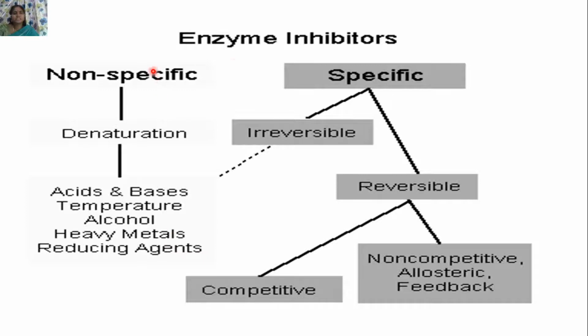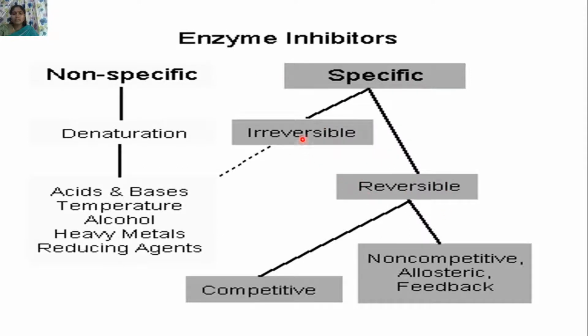Next it is enzyme inhibitors. There are two types, non-specific and specific. Non-specific ones are because of denaturation: high temperature, pH, highly acidic or basic alkaline conditions, alcohols, heavy metals, all of these can cause the denaturation of the enzymes. But specific inhibition may be reversible and irreversible.